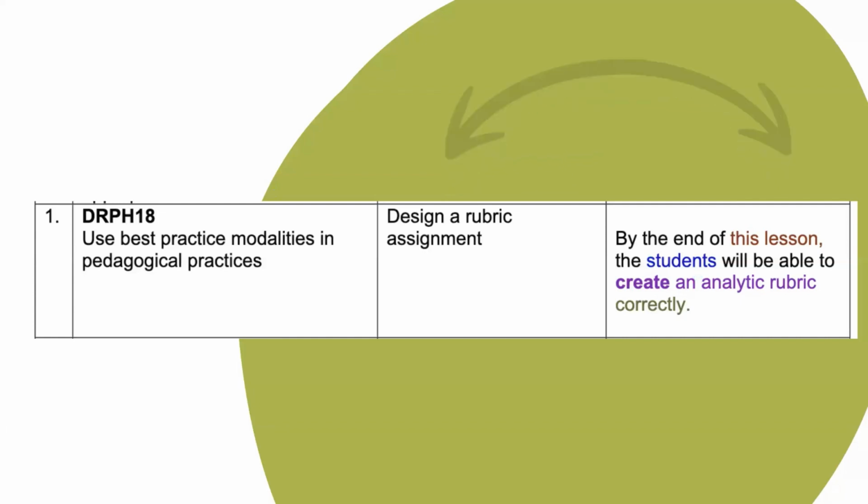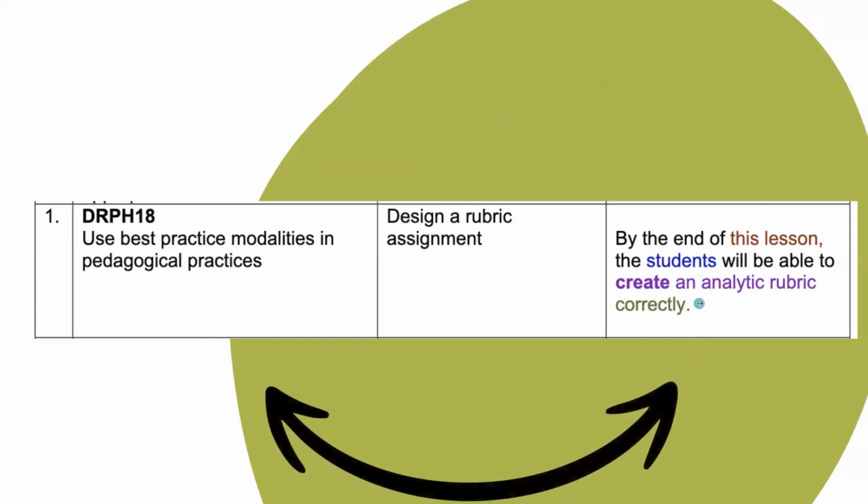And then let's go ahead and look here at the learning objective all the way over to the competency. So we do know that using rubrics is a best practice in pedagogical practices when we're teaching because it helps us be less subjective and more objective when grading, as well as give students the information they need to guide their assessment as they are completing it.